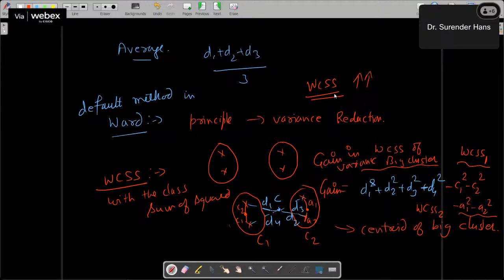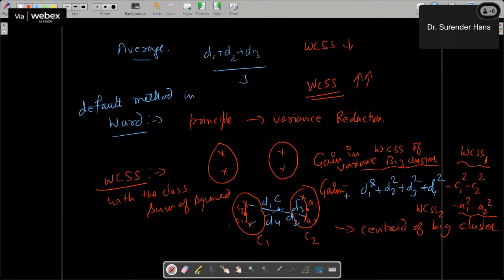If this number is very less, okay, in this case the cluster is in shrinkable form. That is, data points are very near to each other. Okay, so we expect the minimum value from this final distance.